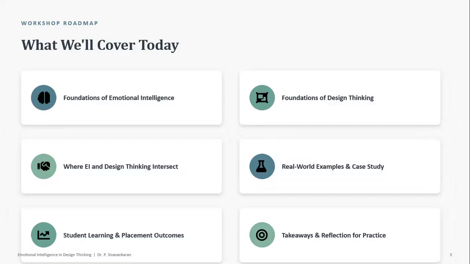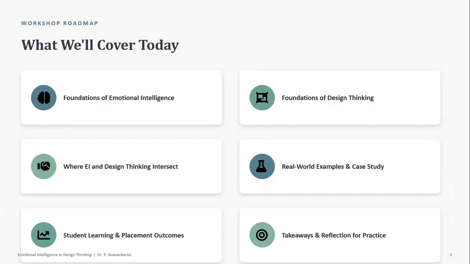Let us now go through today's workshop roadmap. Today's workshop consists of six major sections. We begin by understanding the fundamentals of emotional intelligence. Next, we explore the basic fundamentals of design thinking.